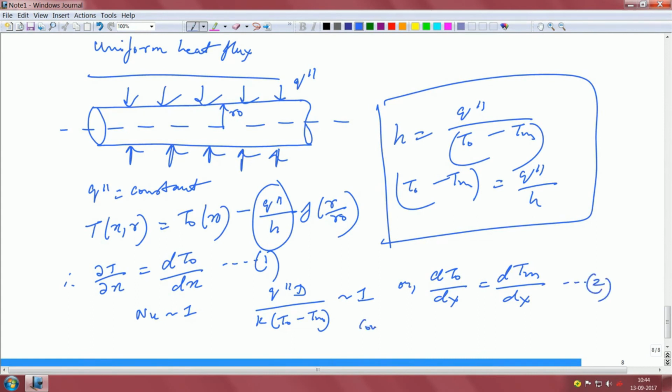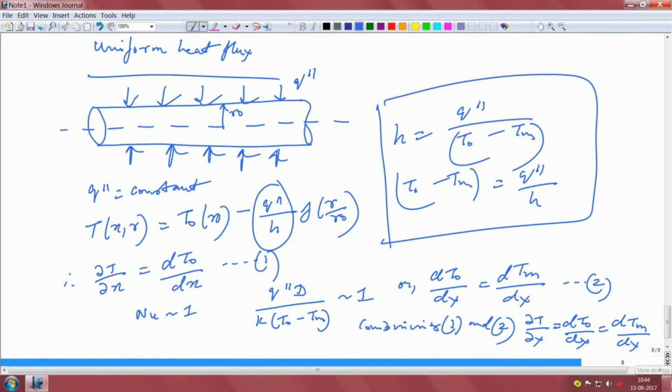So combining 1 and 2, what do we get? We get partial dT by dx equal to dT naught by dx, which is equal to dTm by dx. So all the slopes are basically the same.